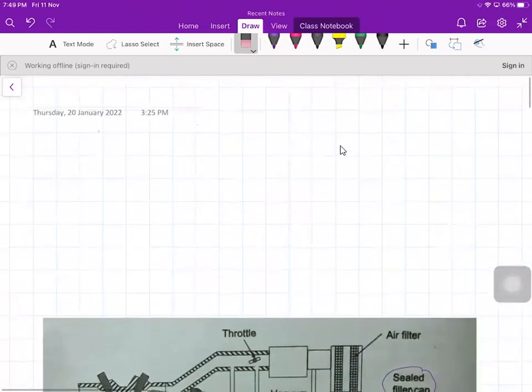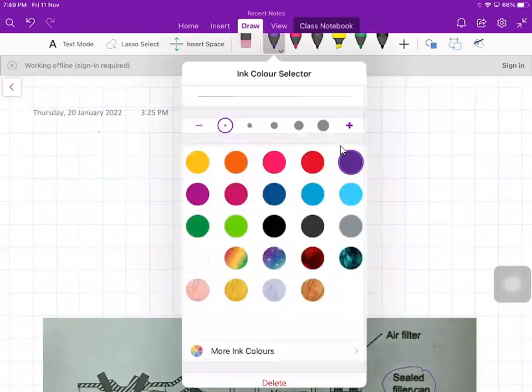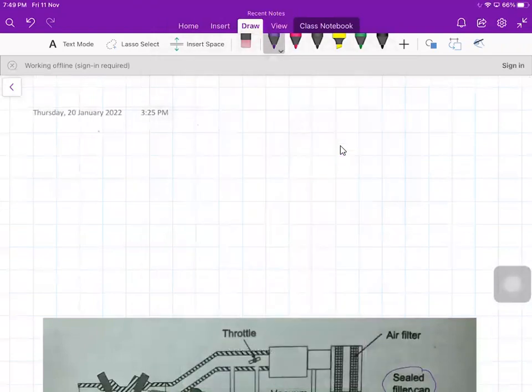For example, to draw a simple line sketch, assume that this is your carburetor.